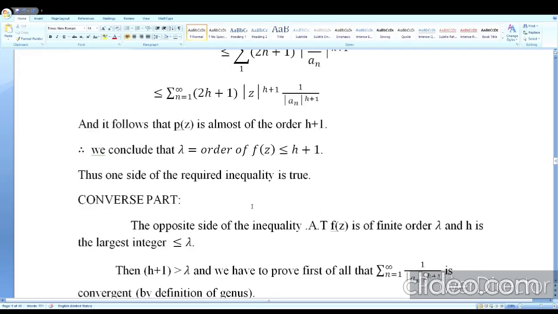Next, to prove the other side, that is to prove h is less than or equal to lambda.